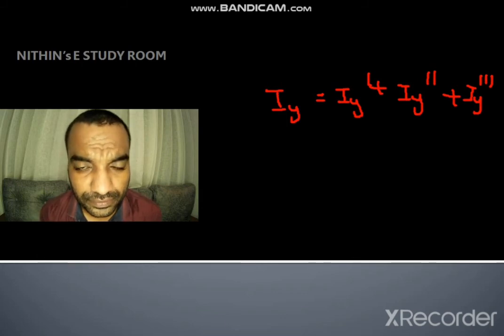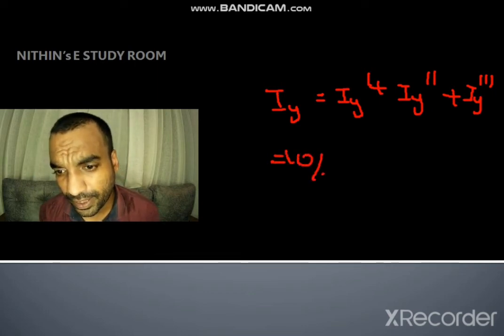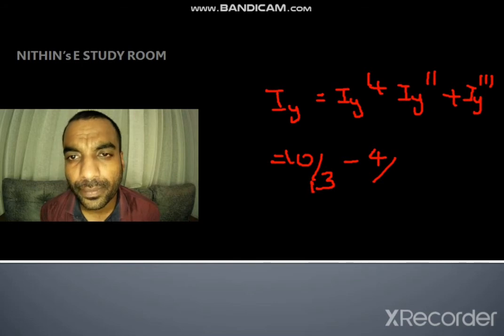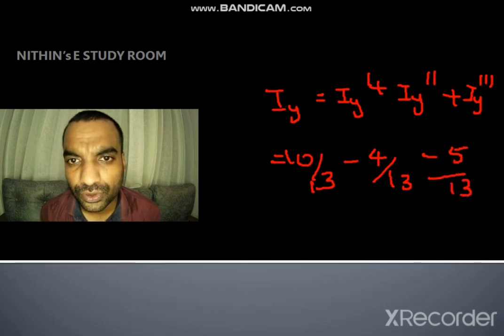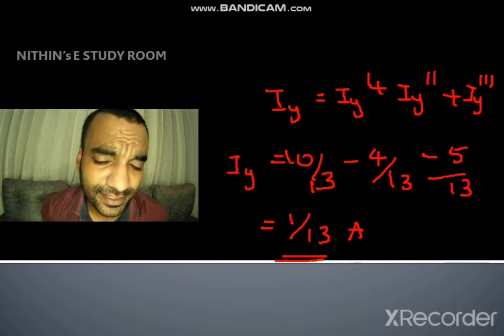Now Iy dash was 10 by 13, Iy double dash was minus 4 by 13, and Iy triple dash was minus 5 by 13. So the total value will be 1 by 13 ampere.